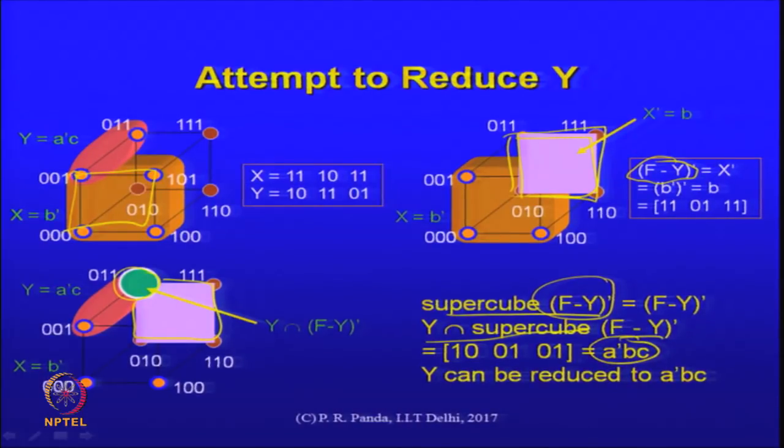You can see that this part of y is overlapping with x, you need not have it in the reduced form. That part definitely needs to be there, because there is no other prime implicant that is covering it, but that actually comes out in our computation of y intersection f minus y prime. So, the result is that y could be reduced to a smaller region in a way that between x and y we are still covering all the elements in the onset and we are not leaving anything out.